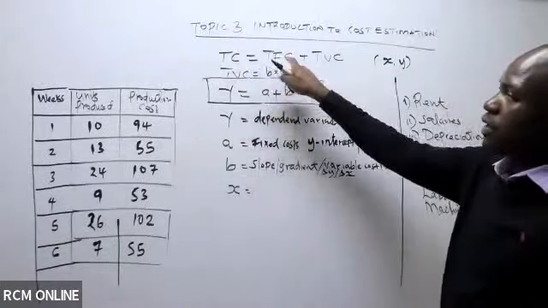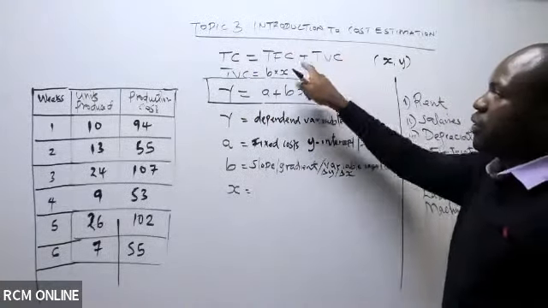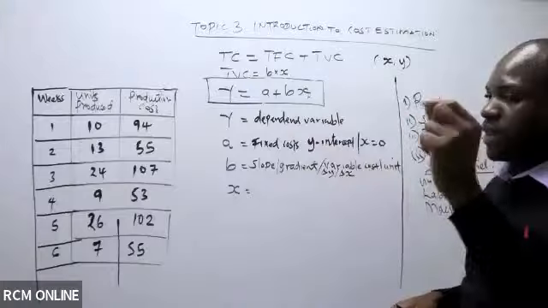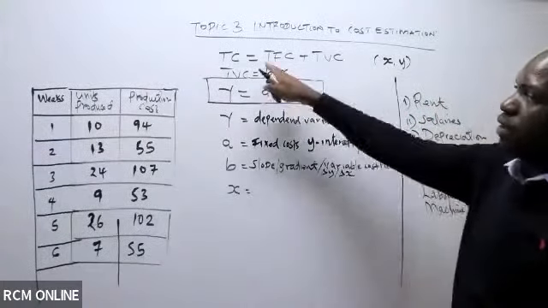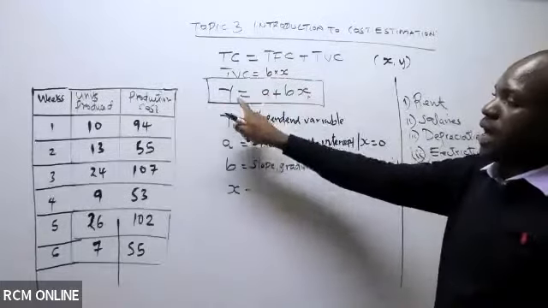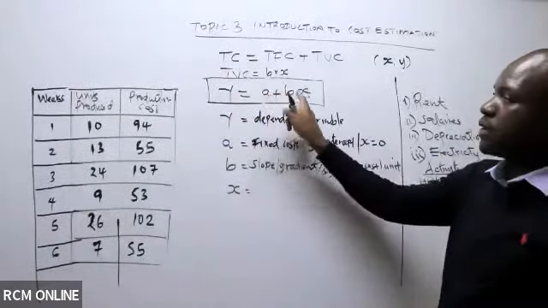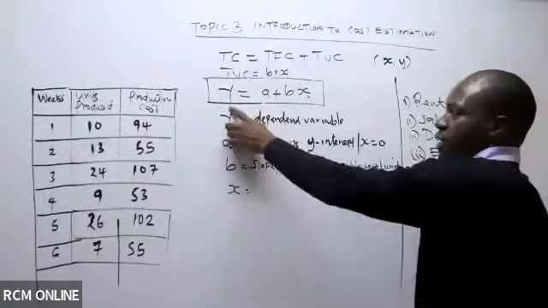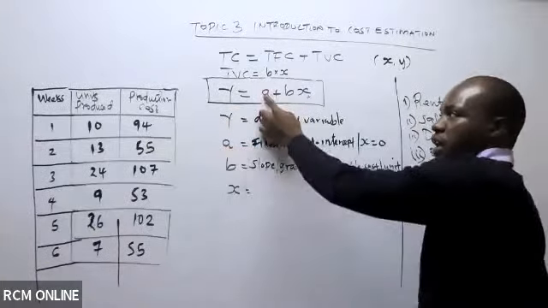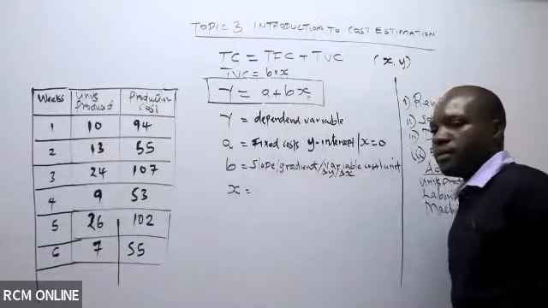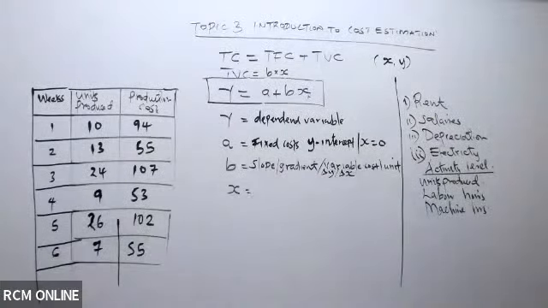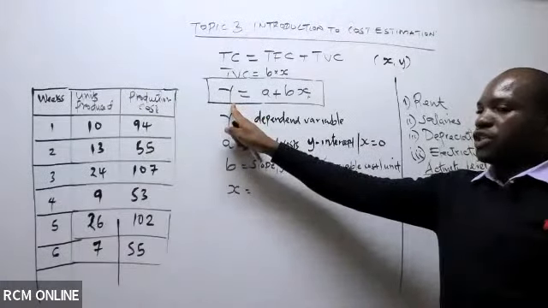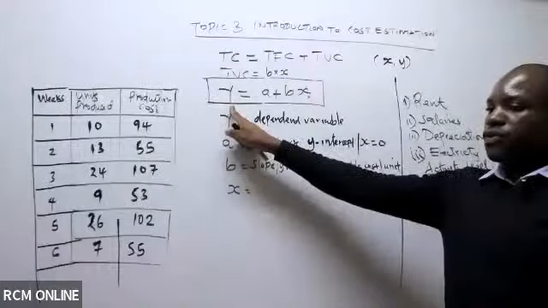Now, back to the main function here. You can see we have total fixed cost plus total variable cost. What have we said about total fixed cost? Even if you've done nothing, you will still incur the total fixed cost. So look at our cost function, y is equal to a plus bx. From this entire function, for us to be able to record changes in y, what do we expect to change? Is it a, is it b, or x? If we want to see changes in y, what will make it change?